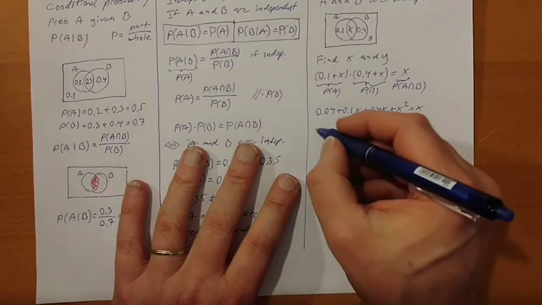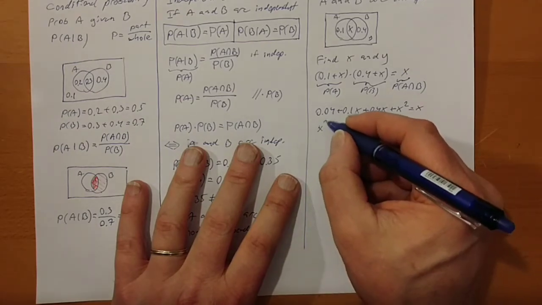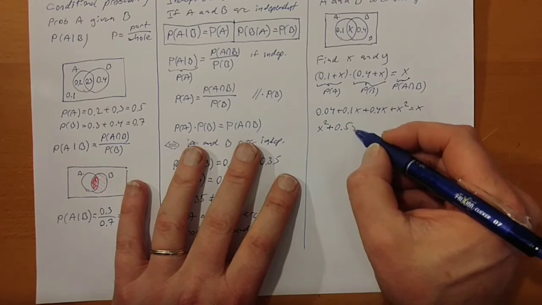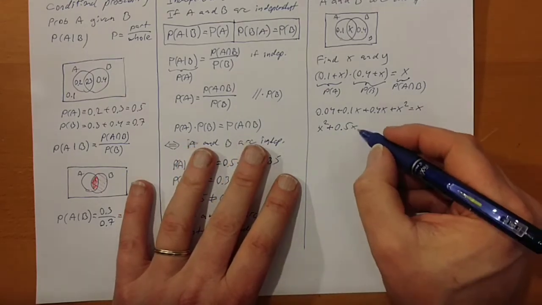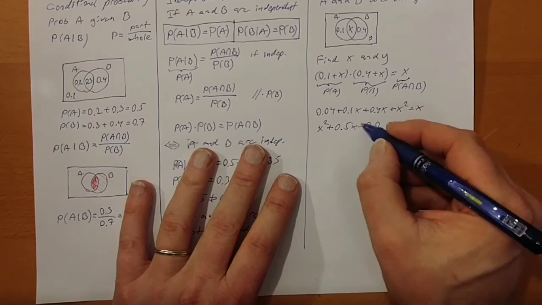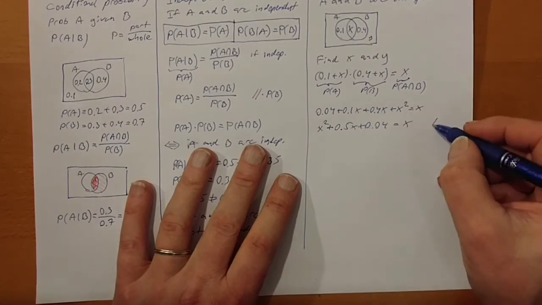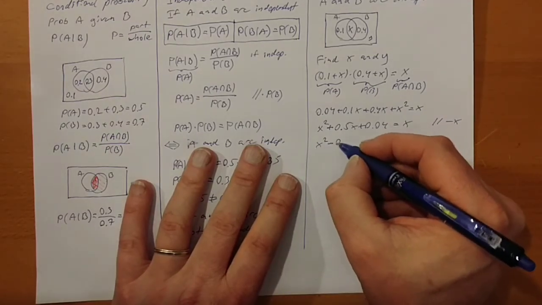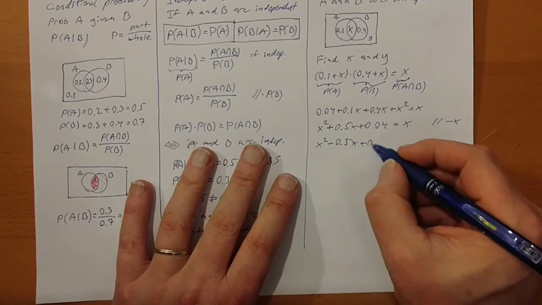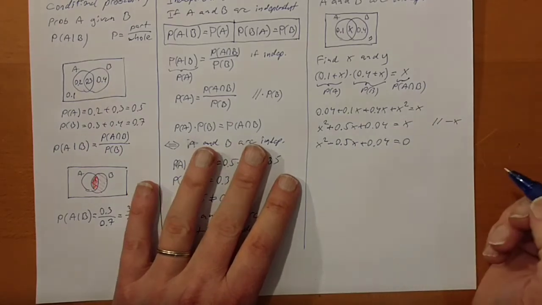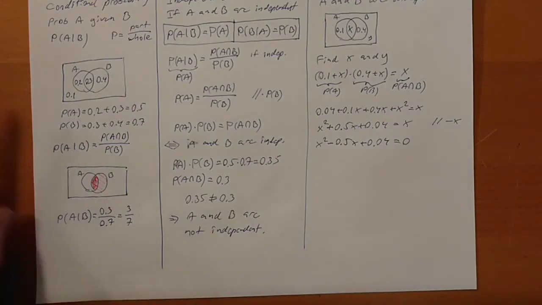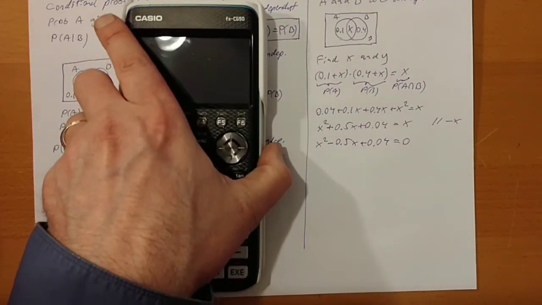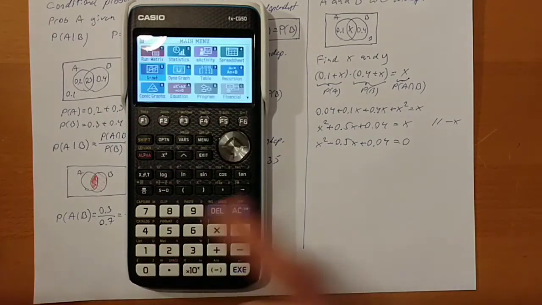We can rearrange this so we get a more ordinary quadratic equation. x squared plus 0.5x plus 0.04 equals x. We can subtract x from both sides and get the equation x squared minus 0.5x plus 0.04 equals 0. And we have a quadratic. Of course, if this would be done without a calculator, we can solve this quadratic using the quadratic formula or something.